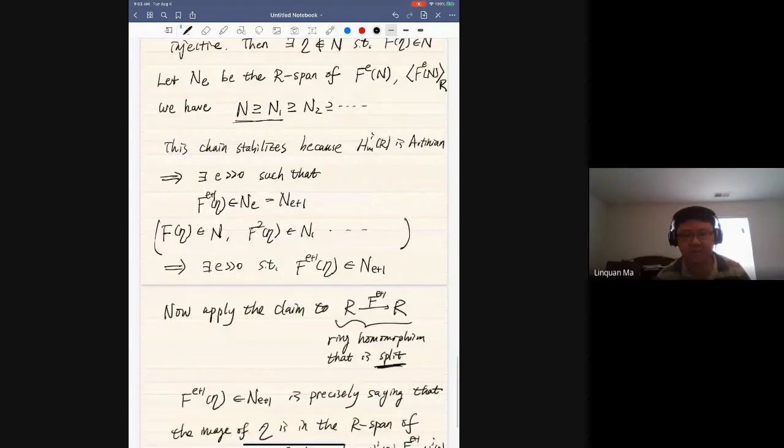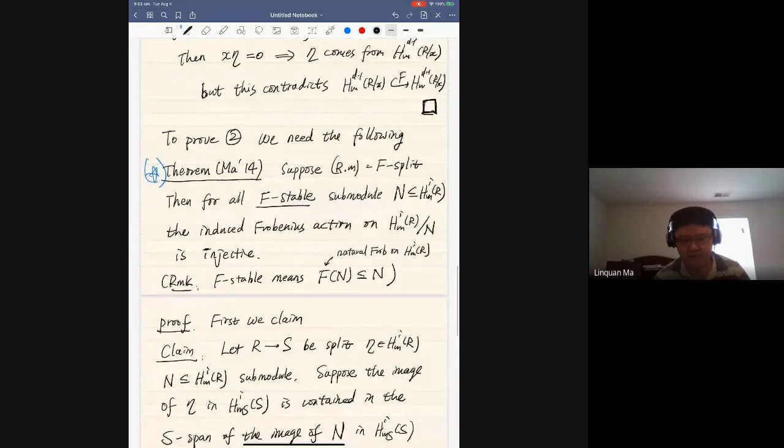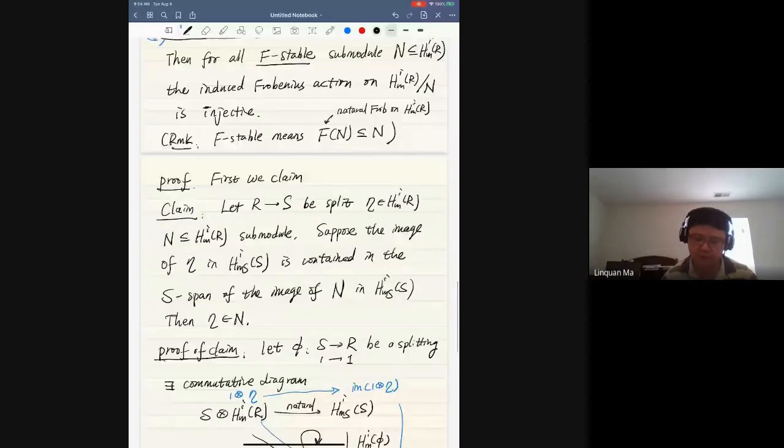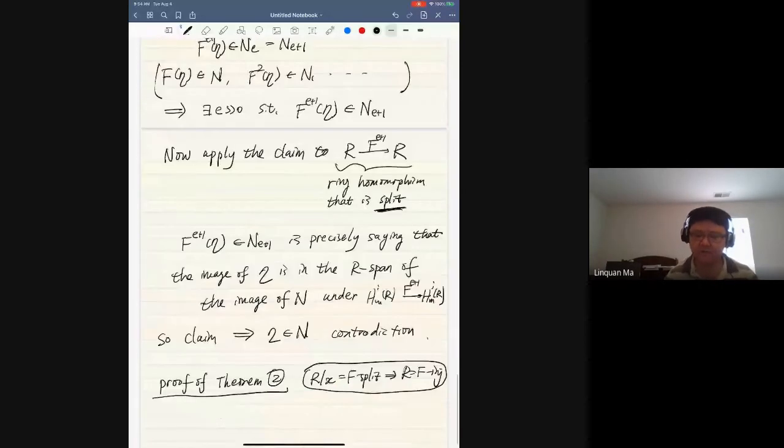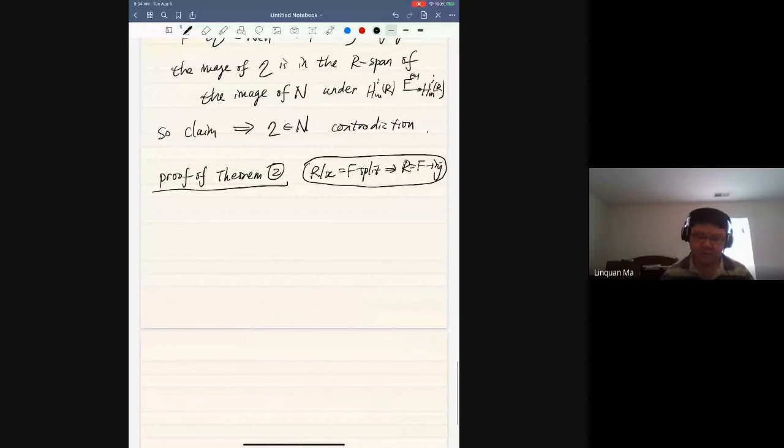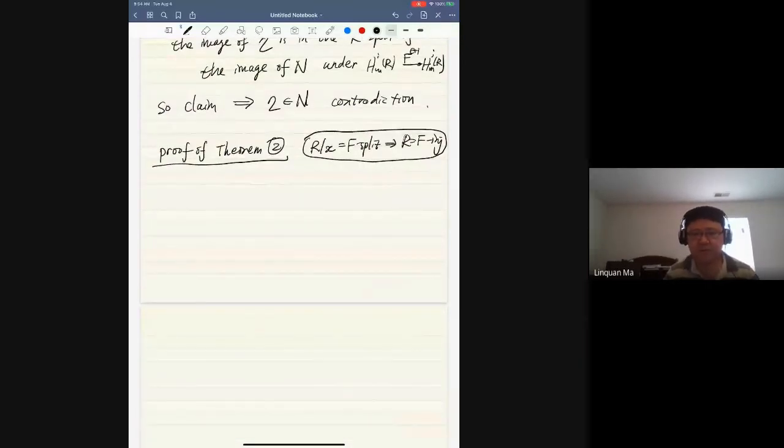I prove carefully this theorem that I stated here because if you use this theorem, then the proof of case 2 of the deformation question is basically you can run the same argument as we did in the Cohen-Macaulay case.